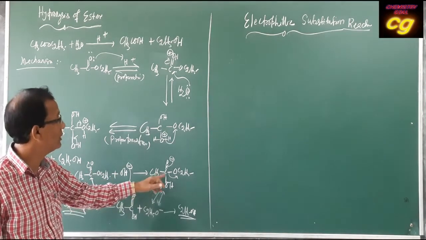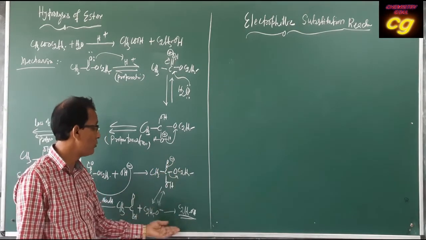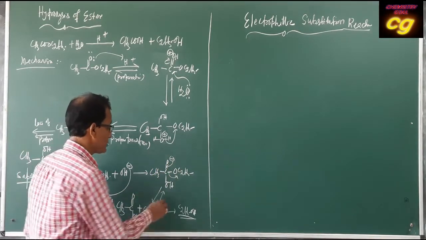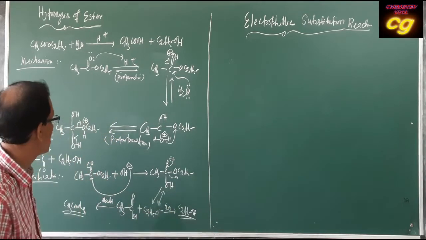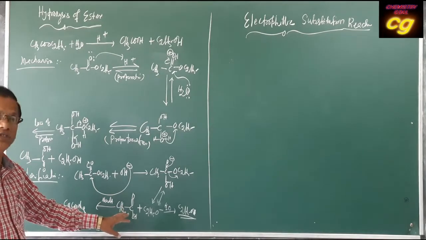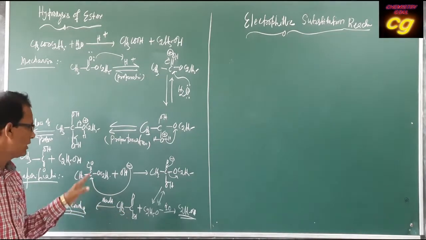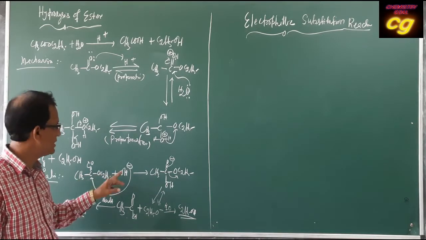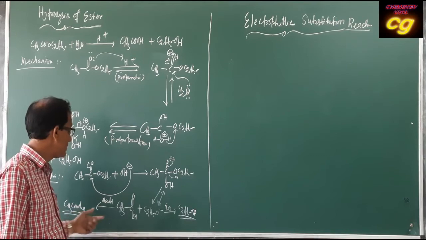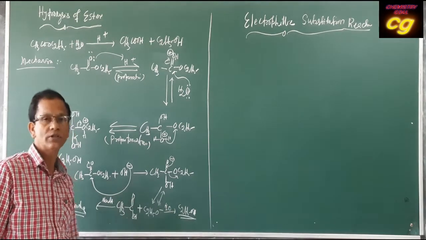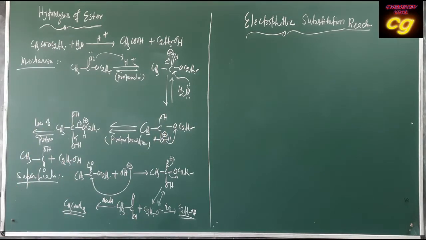When nucleophilic addition takes place, then there is loss of C2H5O minus, and in presence of water it becomes C2H5OH, and the carboxylic acid in presence of NaOH converts to salt. So ester hydrolyzes in presence of base to produce sodium salt of acid and alcohol. This is called saponification. So this is regarding hydrolysis of ester.